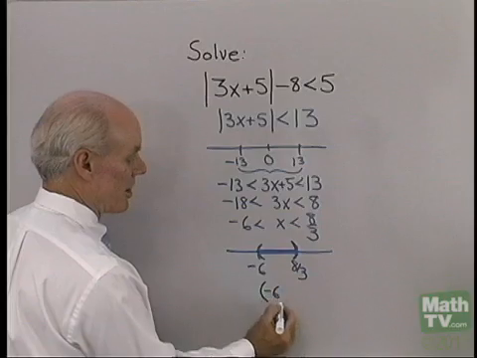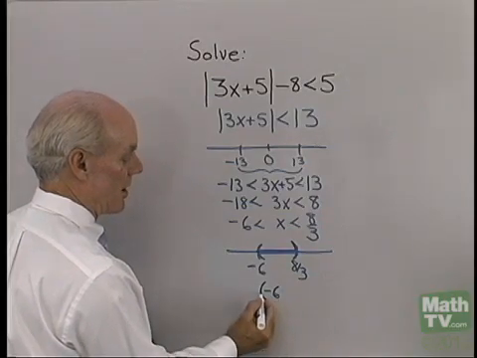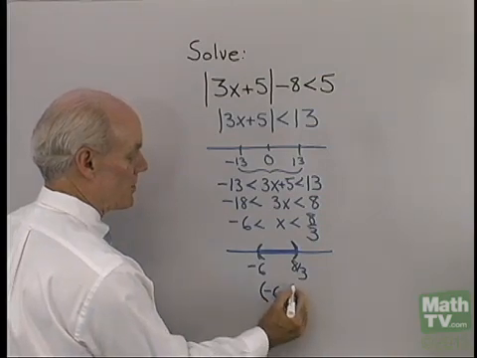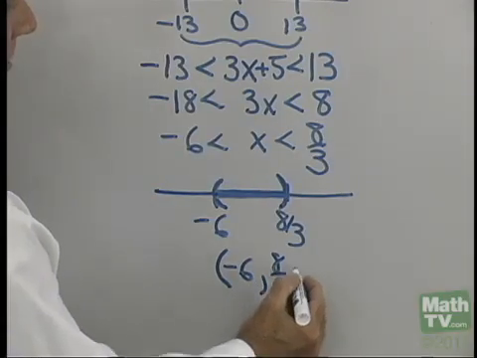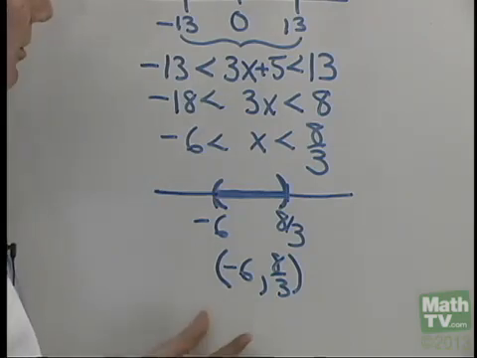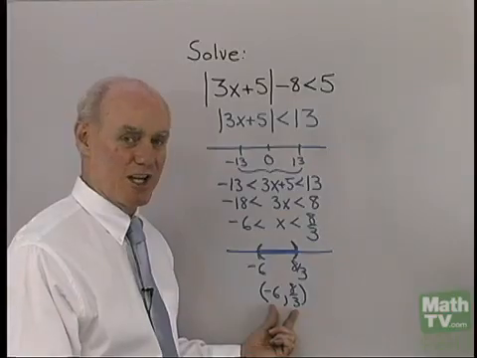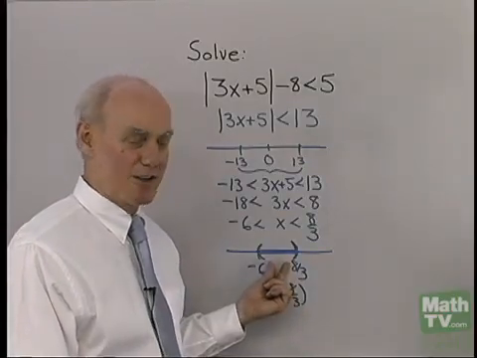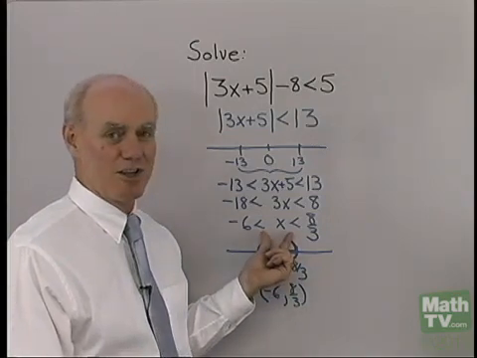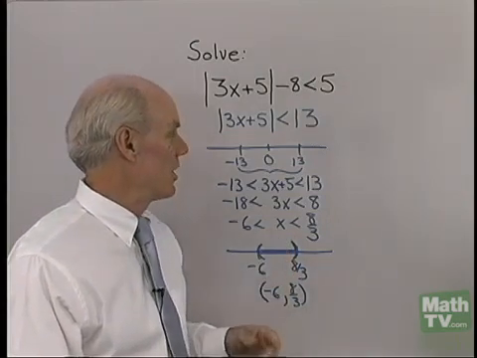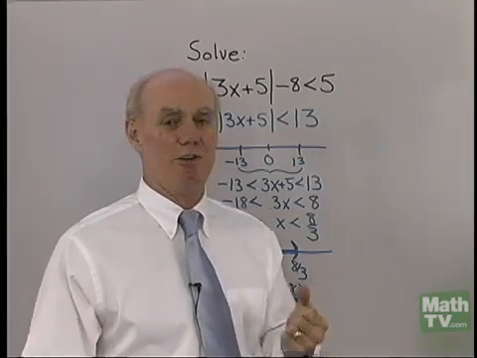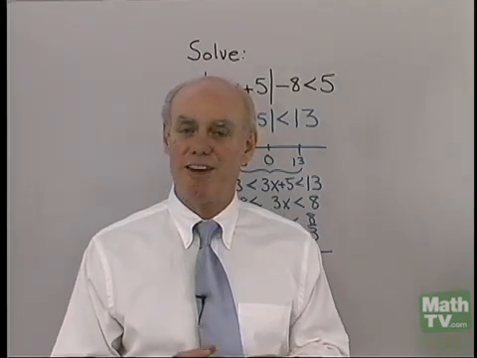It's all the numbers on the number line from negative 6, but not including negative 6, up to 8/3, but not including 8/3. So with interval notation, the solution set looks like this. With the graph, it looks like this, and with inequality notation, it looks like this. So there's a quick look for us at how we solve linear inequalities that involve absolute value.